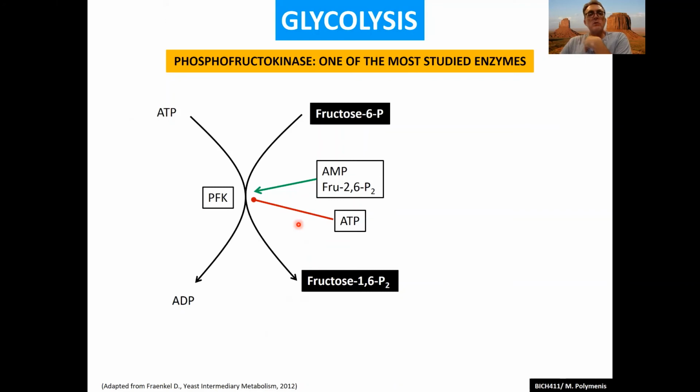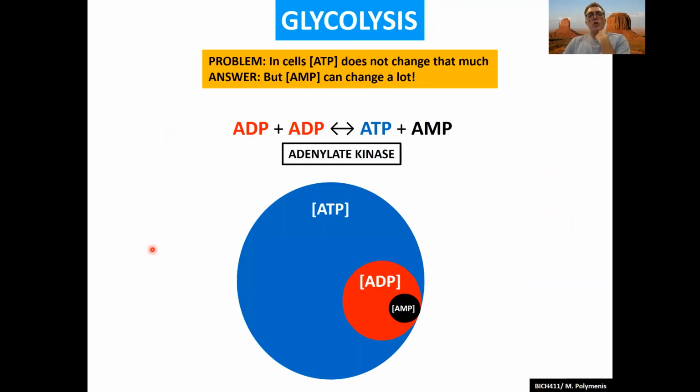But again, the problem with this model is that ATP levels don't change that much in the cell, so you won't block anything. But if you actually look at the pools of these nucleotides, ATP, ADP, and AMP, so there's a triphosphorylated, bisphosphorylated, and monophosphorylated adenosine. They look like this. Actually, ATP is even more.